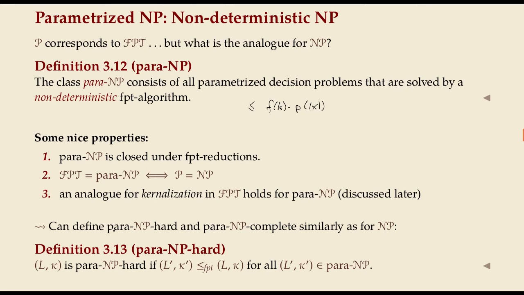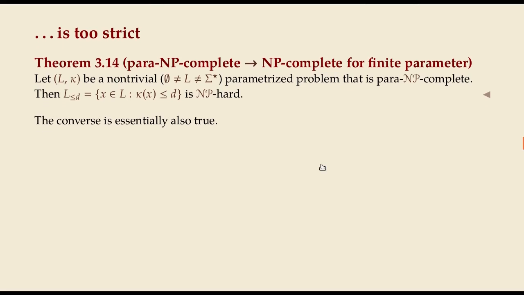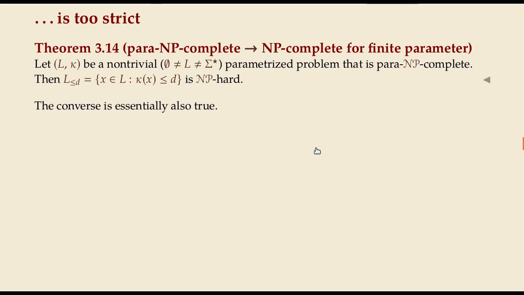So we could use para-NP and para-NP completeness. The definition for para-NP hard is as you would expect. So a problem is hard if every other problem from the class reduces to it. But this class has the following flaw: it's too strict.